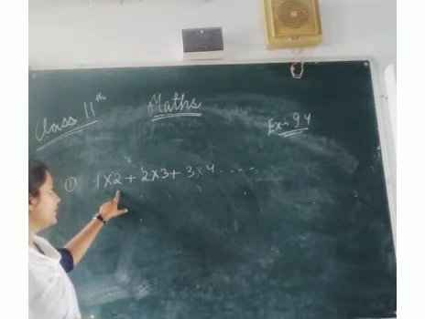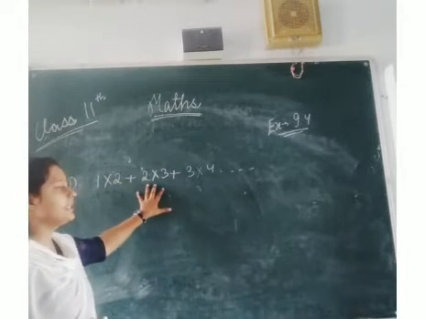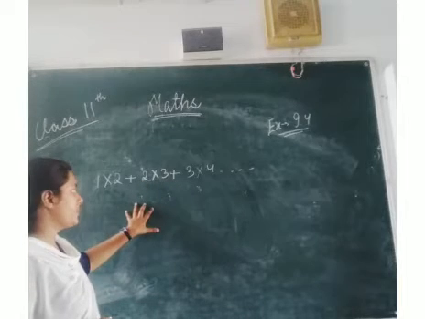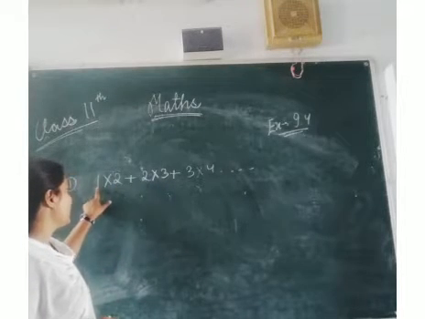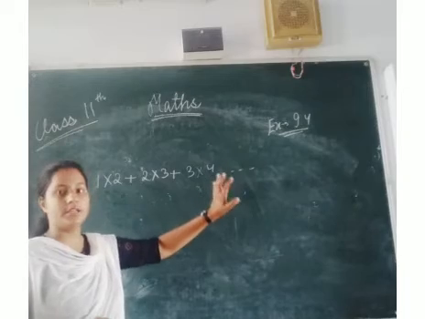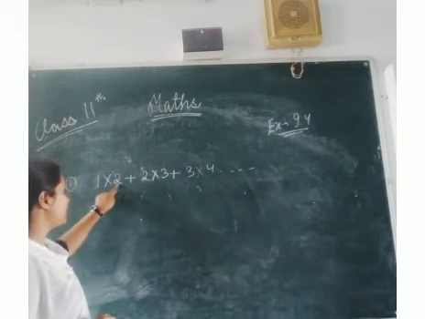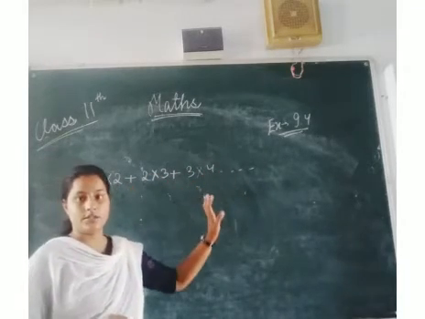In order to find the nth term, we can divide the series into two parts. The first part will have terms 1, 2, 3, 4 and so on, and the second part will have the terms 2, 3, 4 and so on.